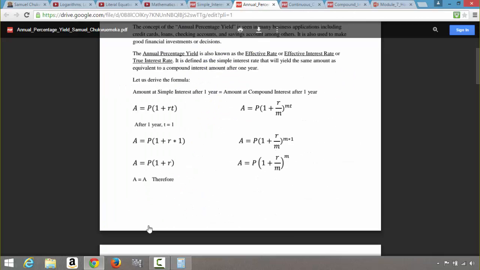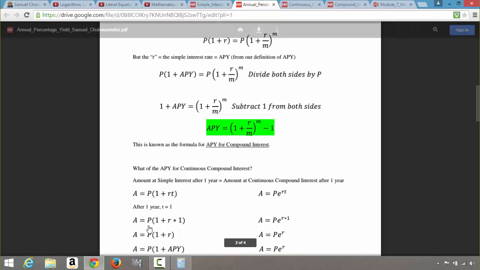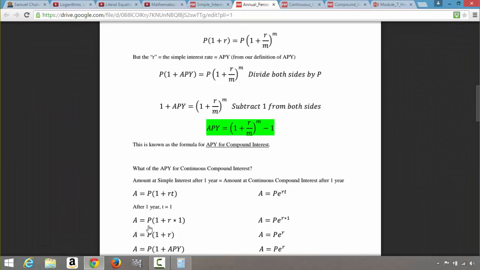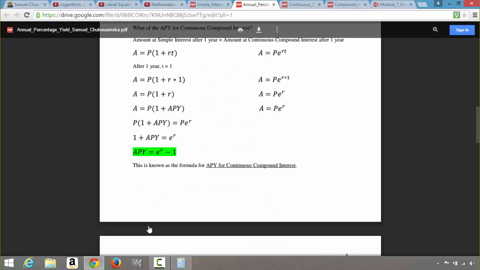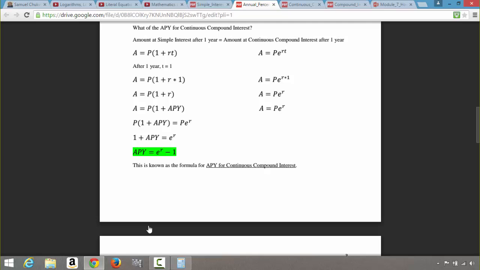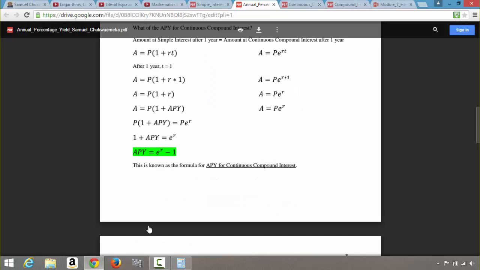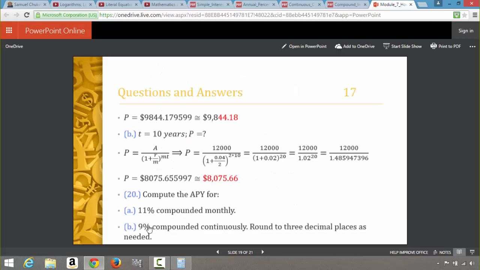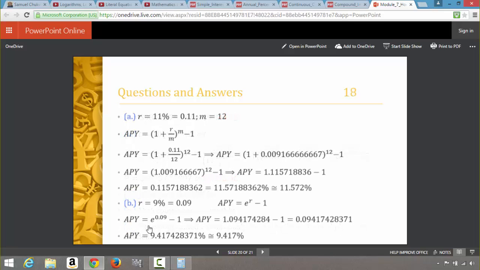APY, this is the formula. We have 2 formulas for APY. This is the APY for compound interest, right here. And this is the APY for continuous compound interest, right here. So you just have to change the rate: 11% is 0.11 and 9% is 0.09.